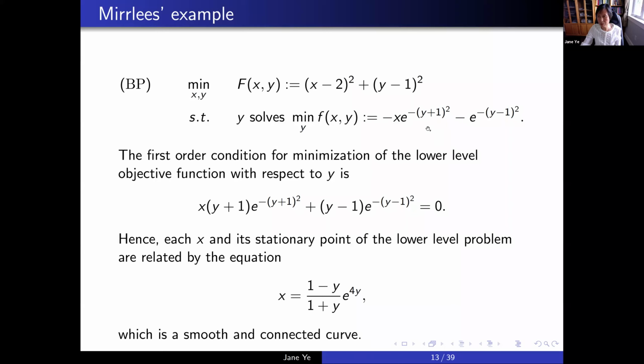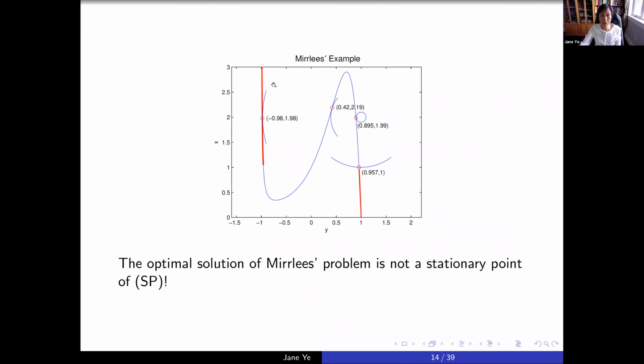You can set the derivative of this lower level objective to 0, and since everything is smooth, it's easy to find the relationship between x and y. So you can solve for x, and then we get this equation, and then we can make a graph.